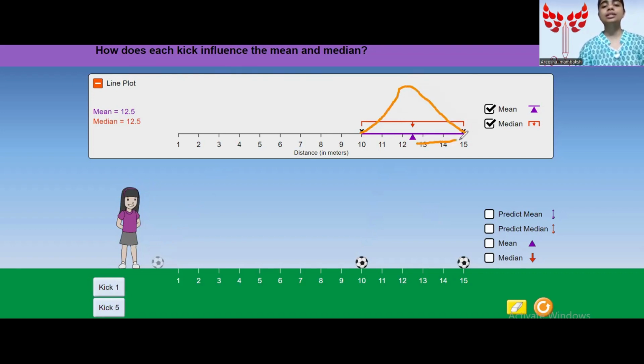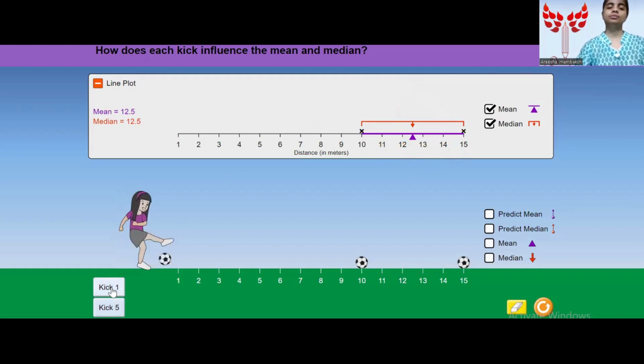The distance from 12.5 to 15 and from 12.5 to 10 is equal. That is 2.5. And since there are only two values, we get the same median and the same mean.